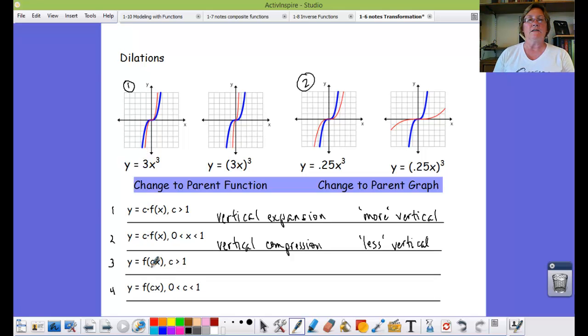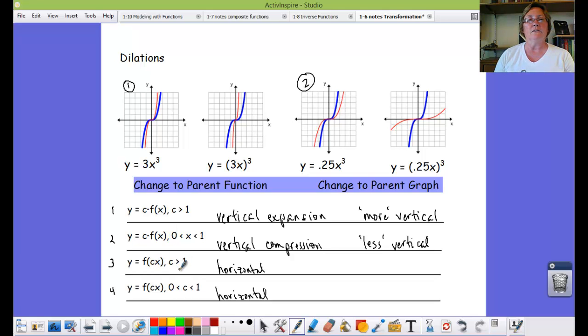When the multiplier gets inside the function rule, that's a horizontal dilation. So both of these last two are going to be horizontal dilations. And I'd like you to take a look for the one that looks like this.